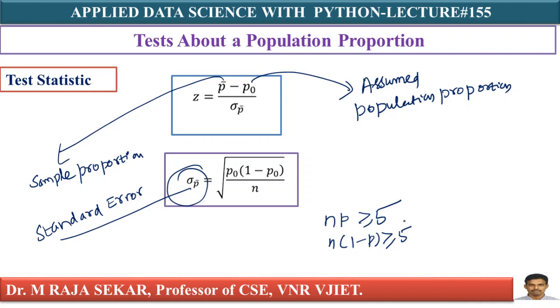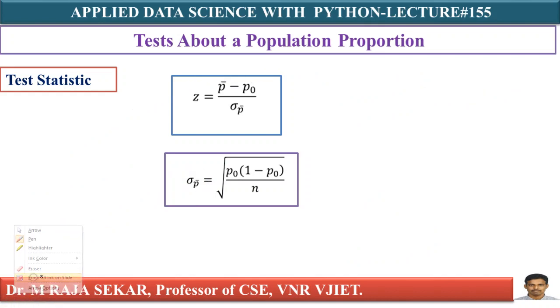If you want to approximate the binomial distribution to the normal distribution, the assumption must be nP is greater than or equal to 5, or nQ, that is n into 1 minus P, is greater than or equal to 5.